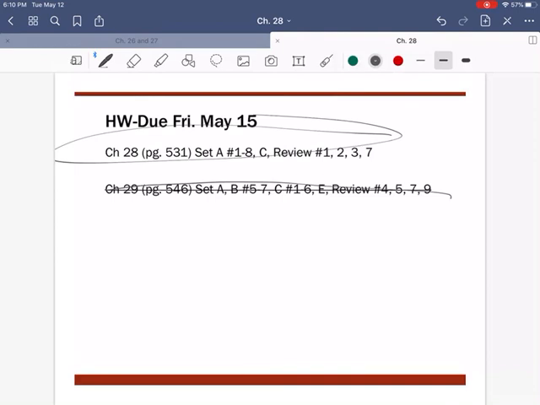Okay, and that's it. Again, we got rid of chapter 29, so you just have this assignment for chapter 28. As soon as you get done with this one, start looking into the info on finals, or on our final. Quiz 5 is going to help you get logged into the USU Canvas page, because that's where we will be taking our final.